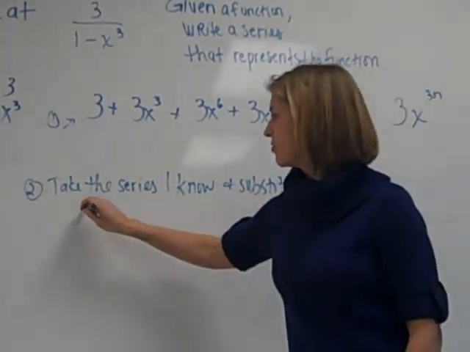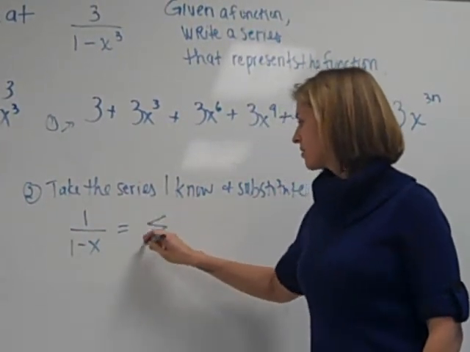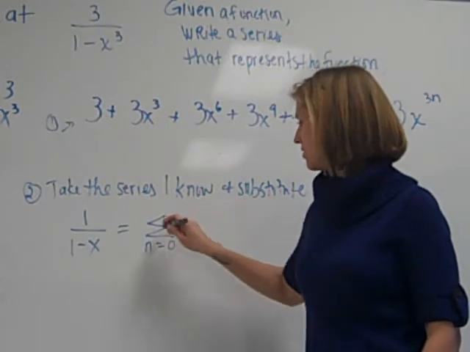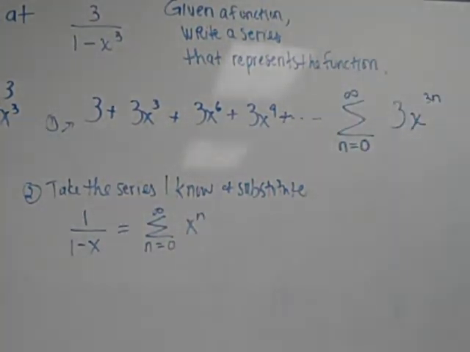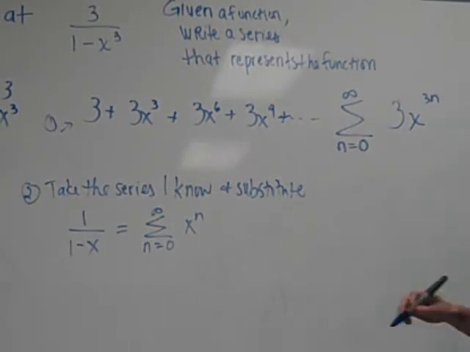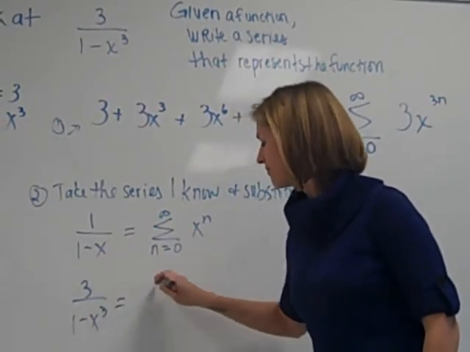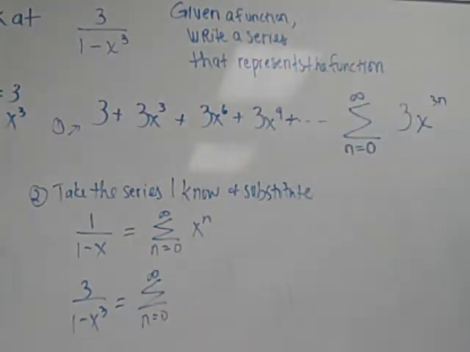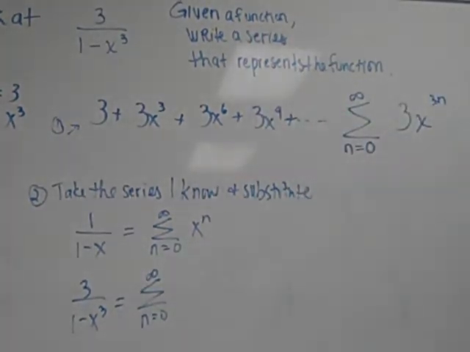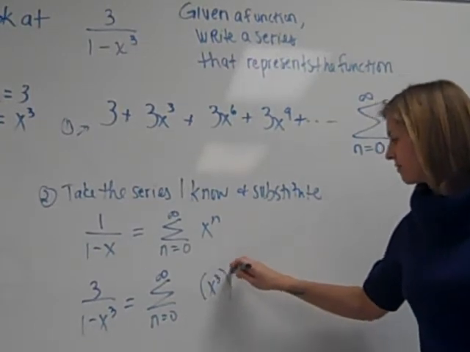So since I know that 1 over 1 minus x is the series when n equals 0 to infinity of x to the n, it's a little bit trickier than 3, but then 3 over 1 minus x to the third, I can basically just substitute in, instead of x, I'm going to have x to the third.